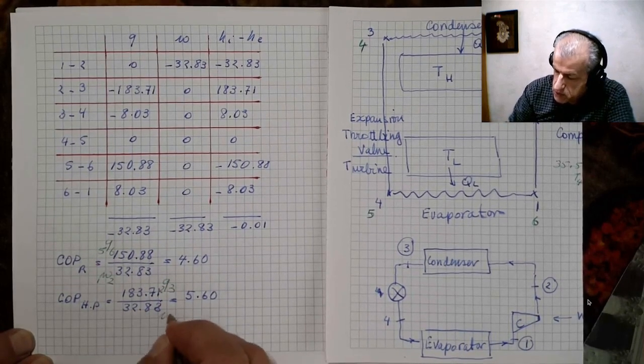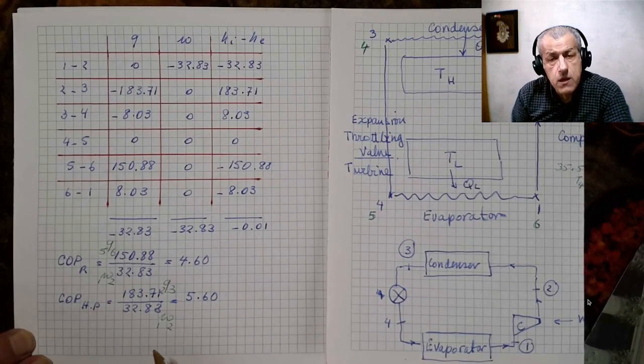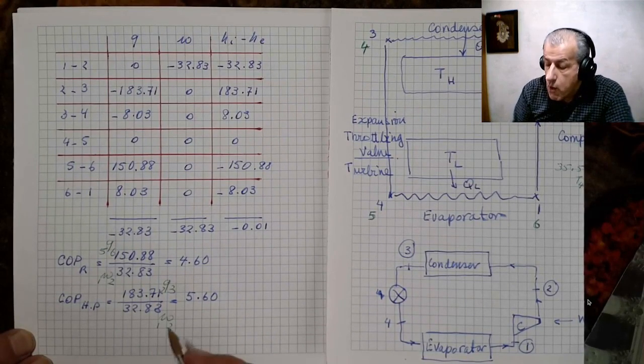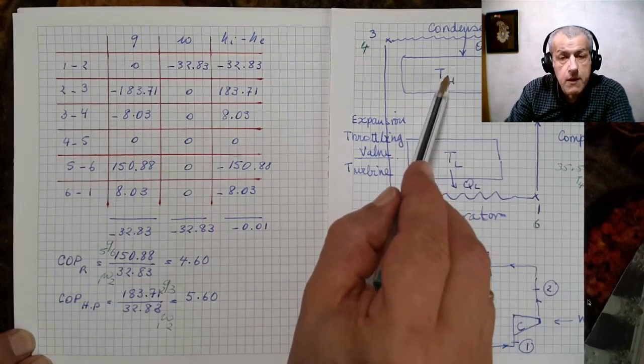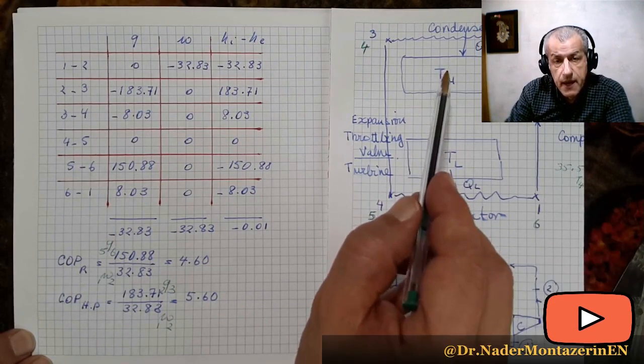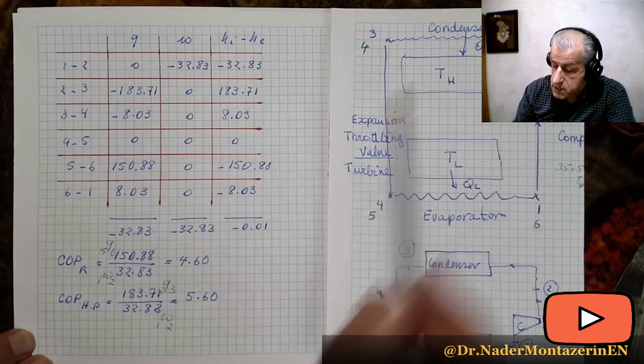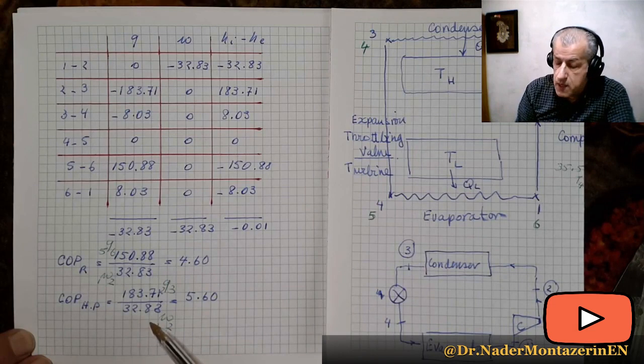Depending on whether we wish to warm a warmer reservoir, then it would be a heat pump, and the coefficient of performance would be calculated this way.